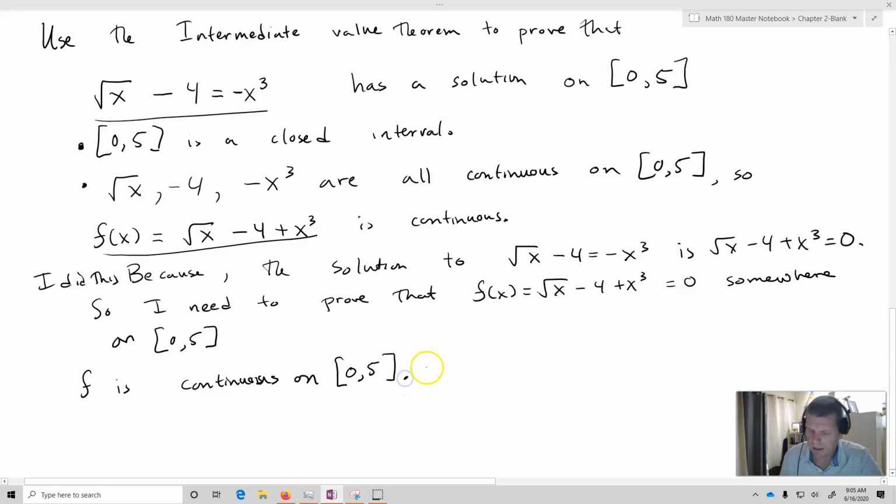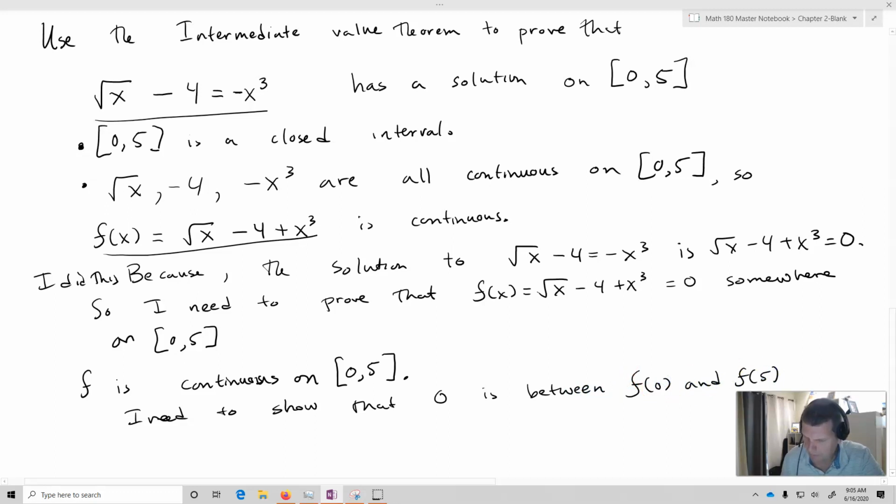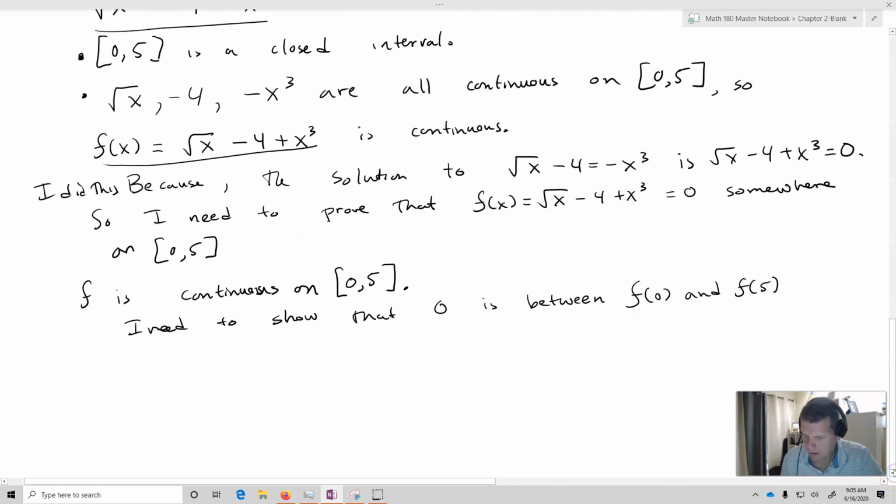I want to show that 0 is between f of 0 and f of 5. That's my interval.